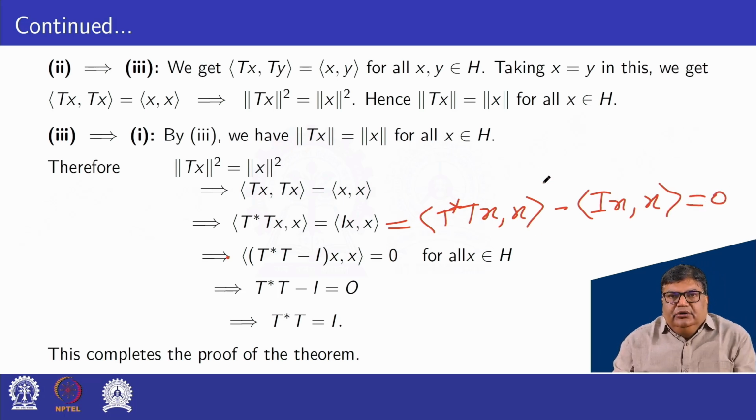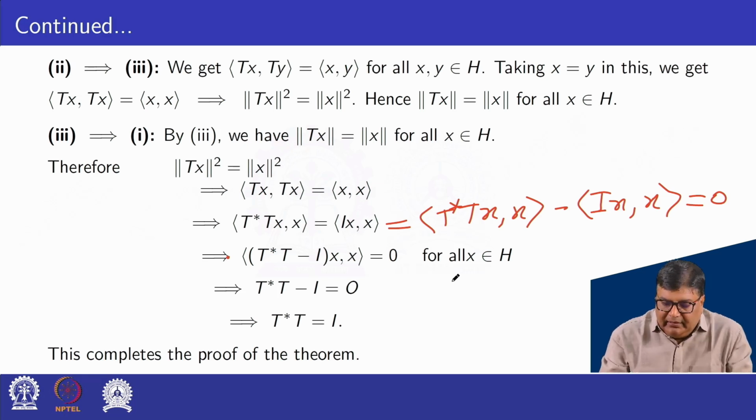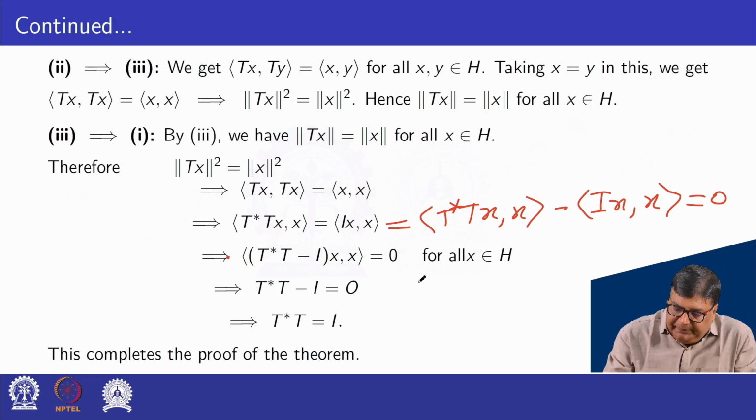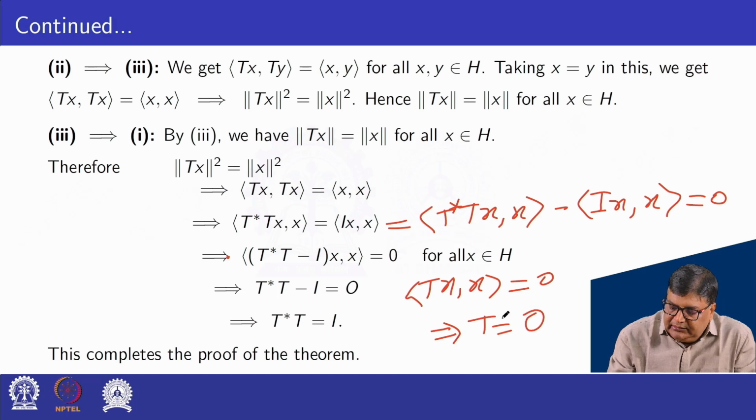As per the additive property of the inner product, this can be written as the inner product of (T star T minus I) x and x equal to 0. Also we know that if the inner product of Tx, x equals 0, then T is the 0 operator.